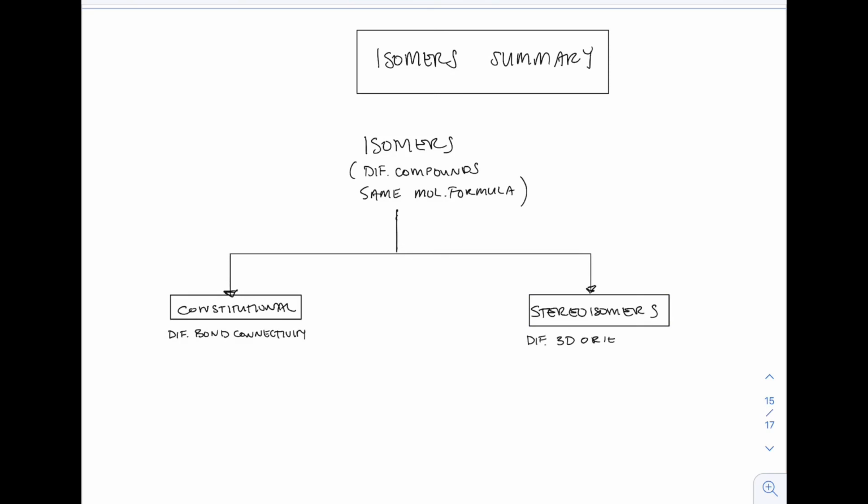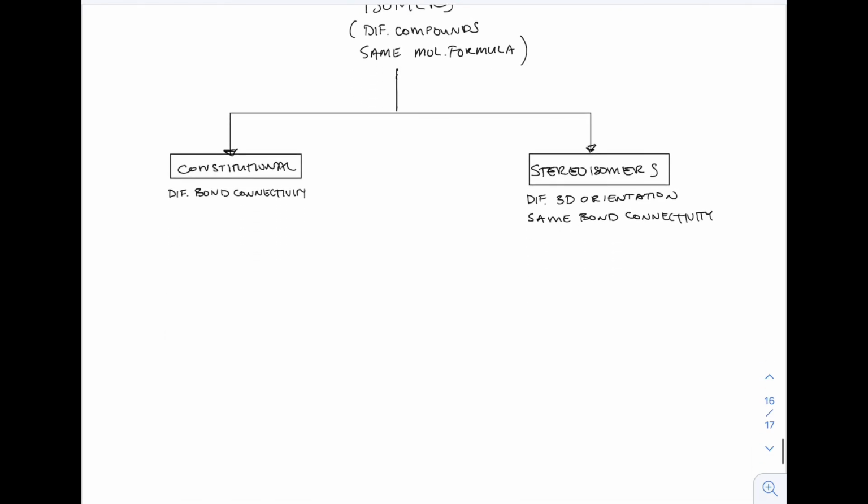So stereoisomers are the other type of isomer that we've seen, which we've basically been going over in this chapter, and that's different three-dimensional orientation, but the same bond connectivity. Okay, so it's different than constitutional isomers. They look the same at first glance, but we've got to look more closely at the wedges and the dashes, or just the three-dimensional orientation in general.